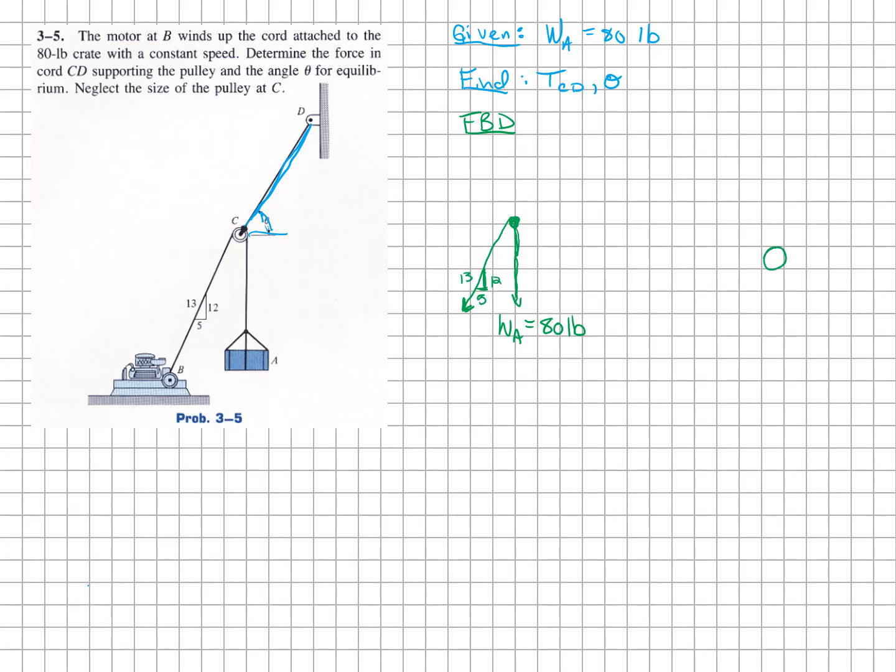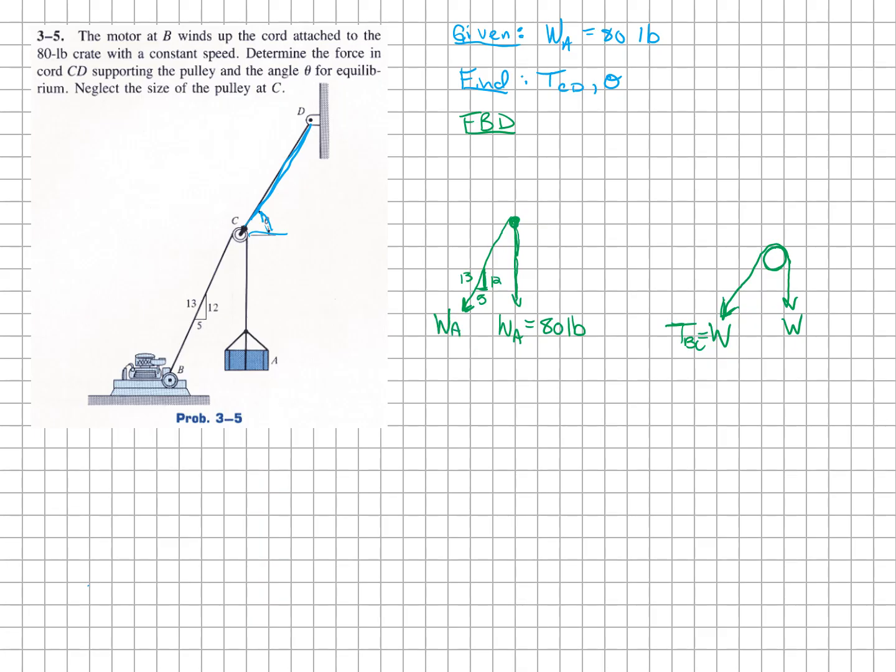And just so you know, since it's around a pulley and it's a continuous string, this tension over here in TBC has to be the same as that weight because it's all in the same cable. So this we can just label as WA because those are going to be the same.